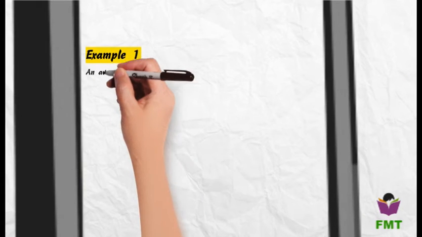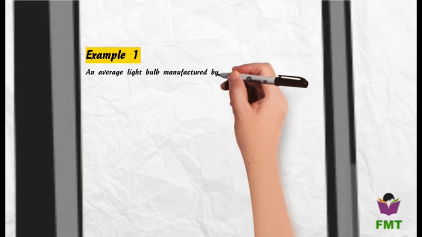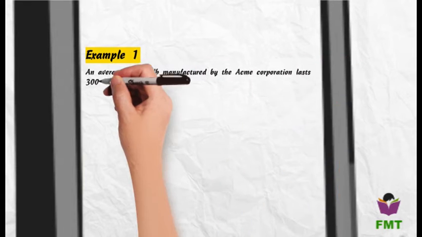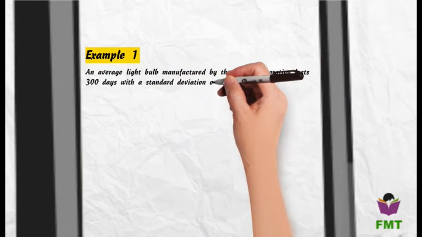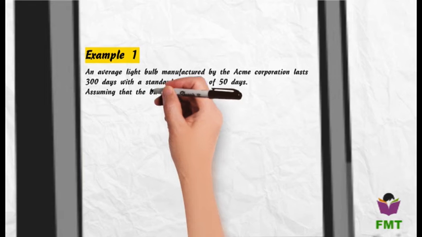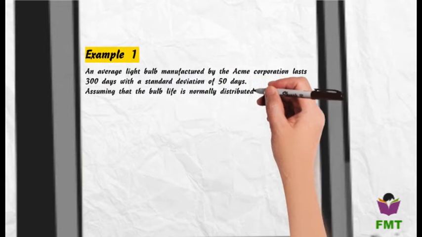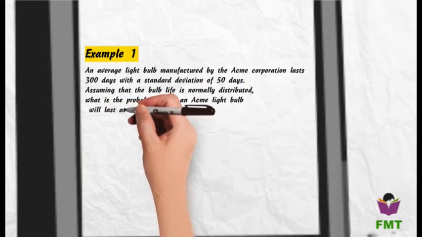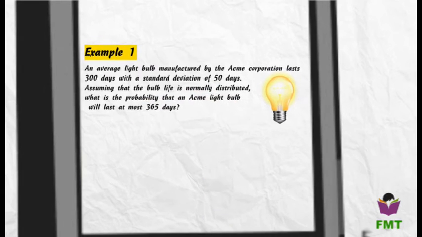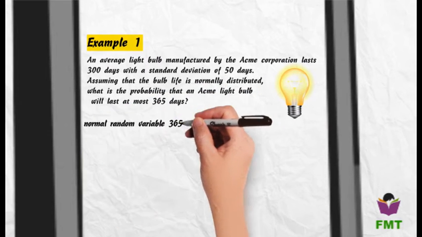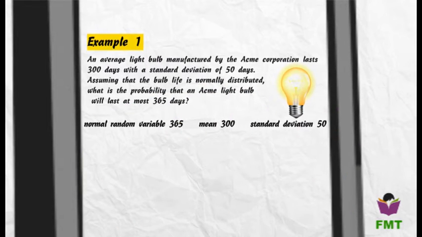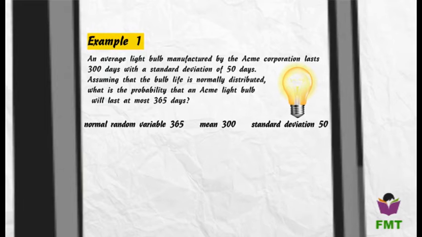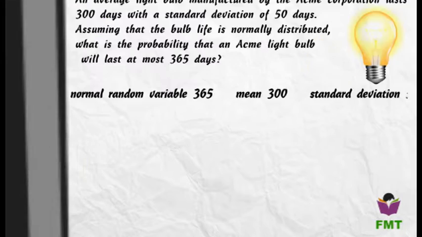Example 1. An average light bulb manufactured by the Acme Corporation lasts 300 days with a standard deviation of 50 days. Assuming that the bulb life is normally distributed, what is the probability that an Acme light bulb will last at most 365 days? Normal random variable 365, mean 300, standard deviation 50.